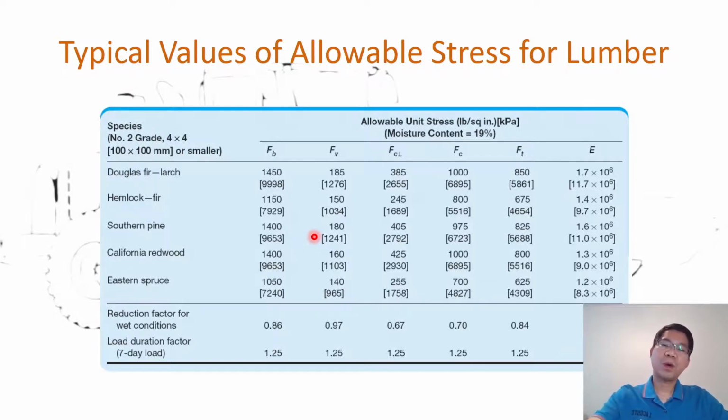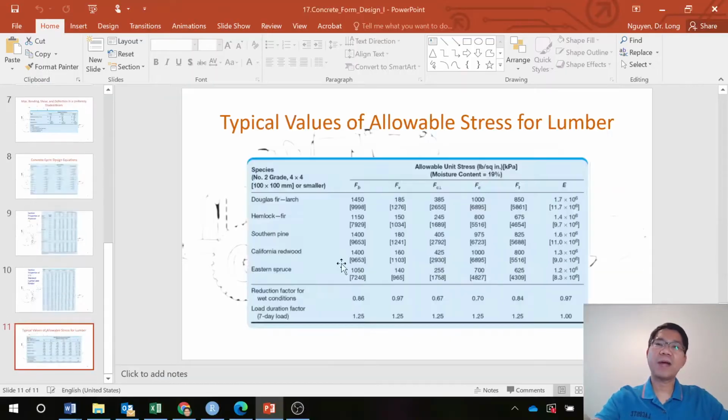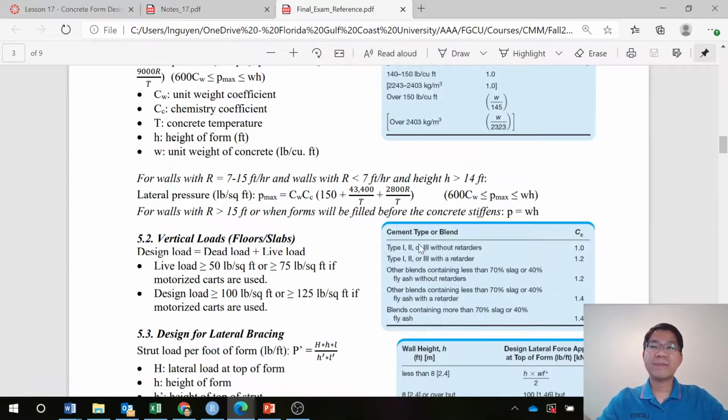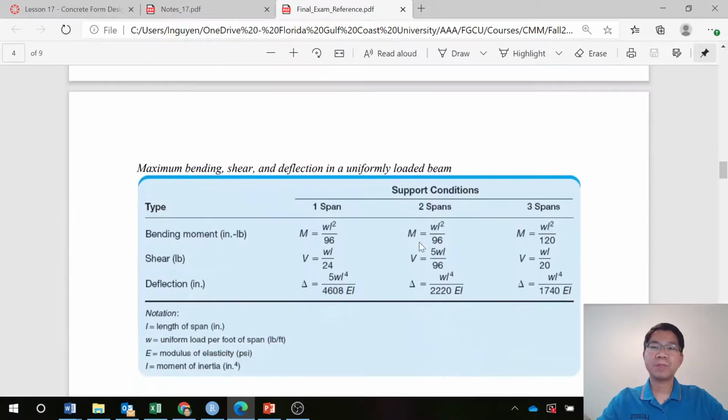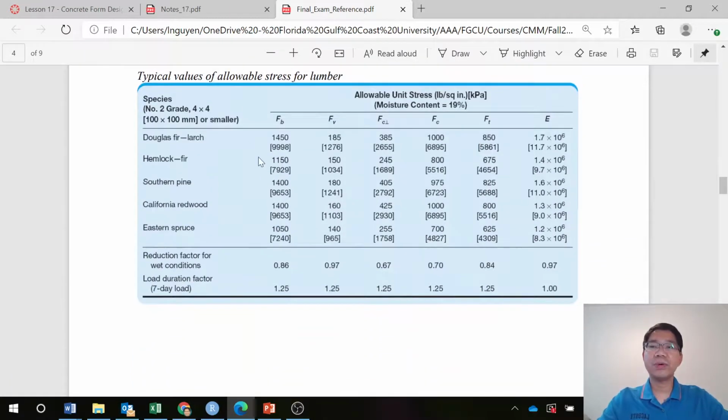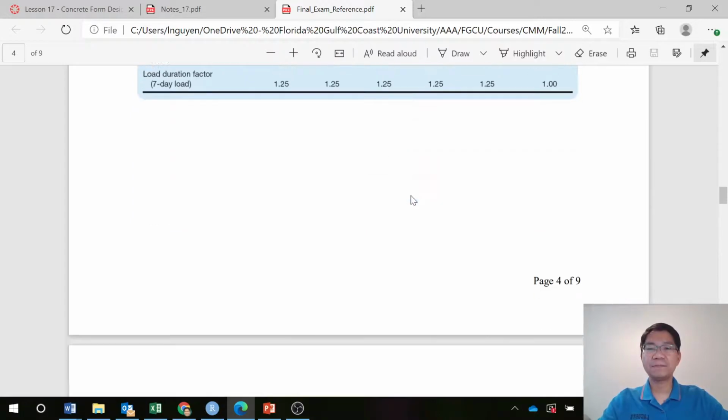So before going to problem 3 again, I go back to the reference so that you get familiar with it. The final exam reference. Here is the table, one of the tables I just showed you, and this determines the allowable unit stress for different types of lumber.